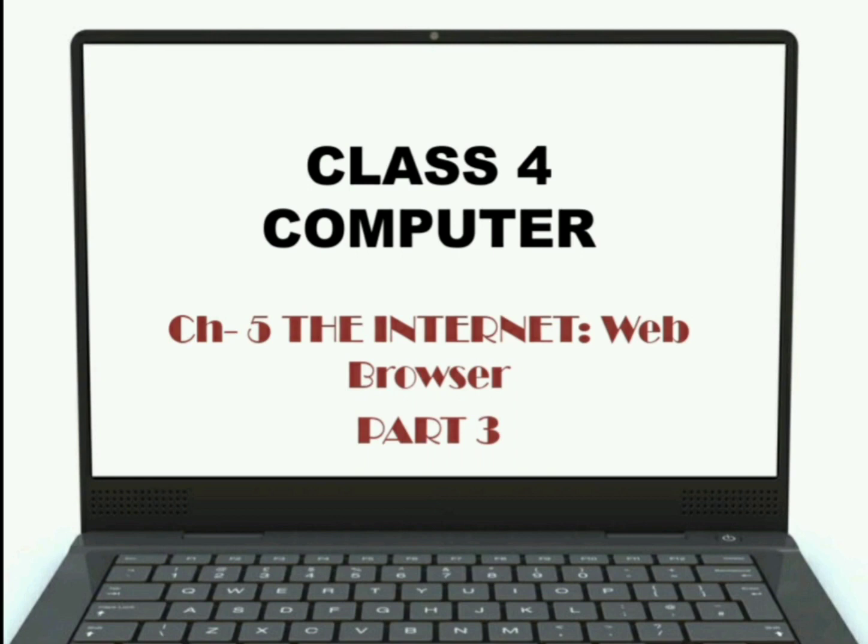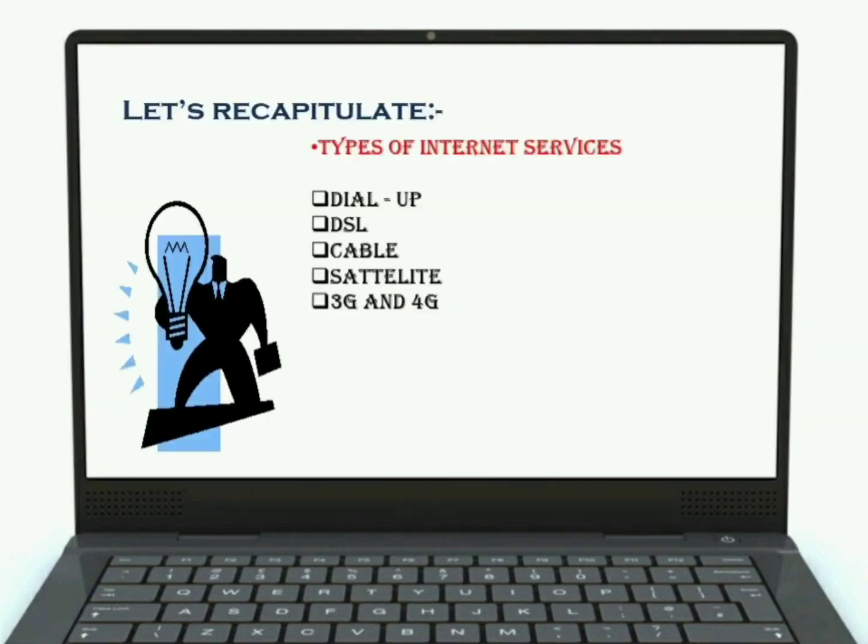Before starting the new topic, first recapitulate. We have read in our previous class about the types of internet services. There were 5 types of internet services: dial up, DSL, cable, satellite, 3G and 4G, in which dial up is the oldest one.